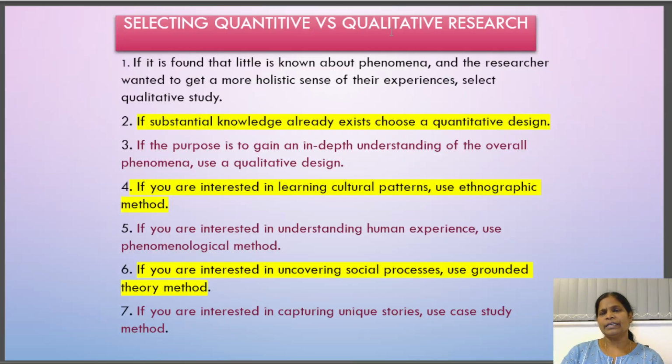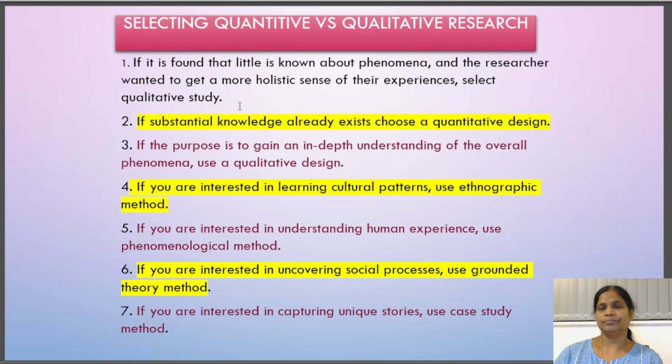Selecting quantitative versus qualitative research. When you have to select quantitative and when you have to select qualitative research. This is also just for an understanding, just to have a little more knowledge. If it is found that little is known about this phenomenon, and the researcher wants to get a more holistic sense of their experience, then select what?